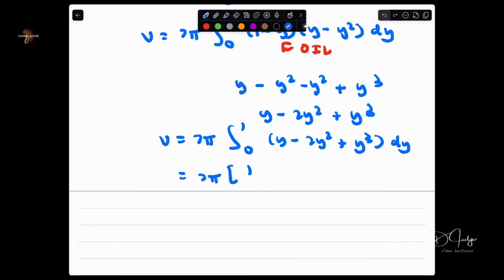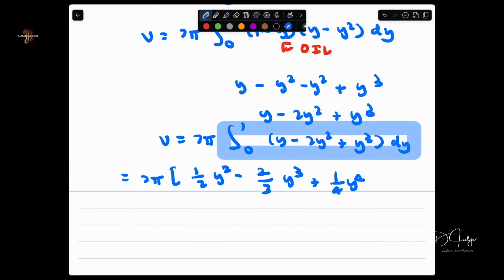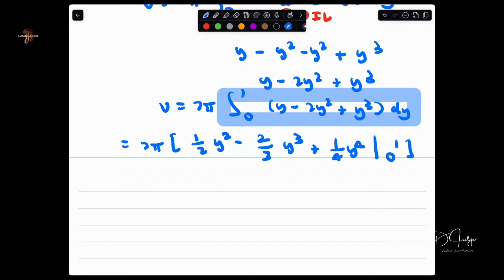Okay, we're going to integrate now. One half y squared minus 2/3 y cubed plus 1/4 y to the 4th. We're going to integrate that from 0 to 1. So this is going to be F of x.